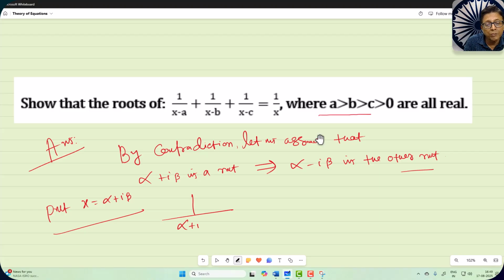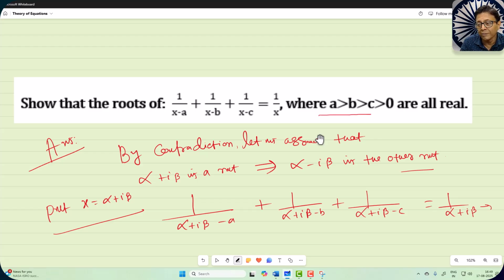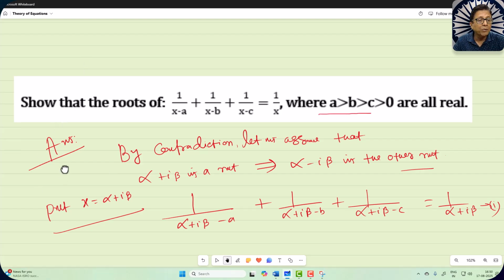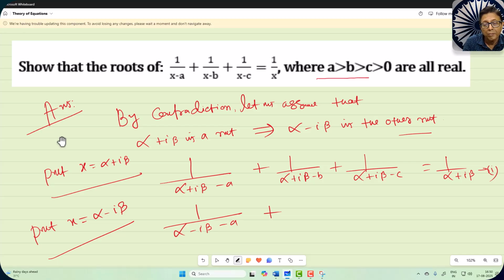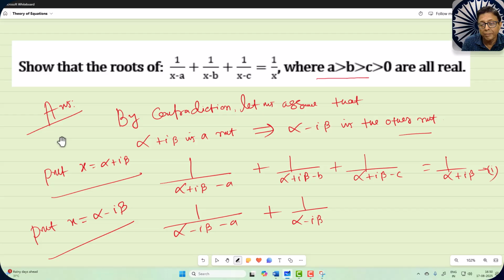This will give you one by alpha plus I beta, number one, and the other one, put x equal to alpha minus I beta over there, one by alpha minus I beta. Okay.